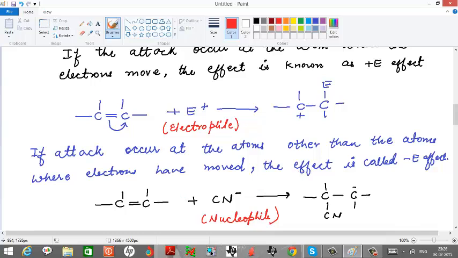So we'll go through one small question or exercise by which the electromagnetic effect will be more clear.